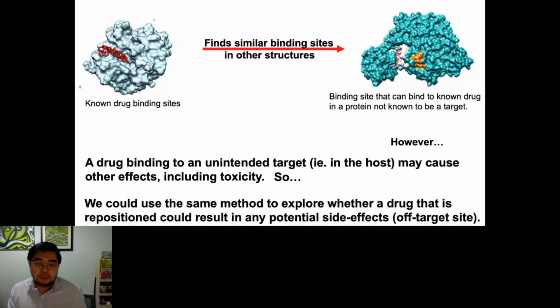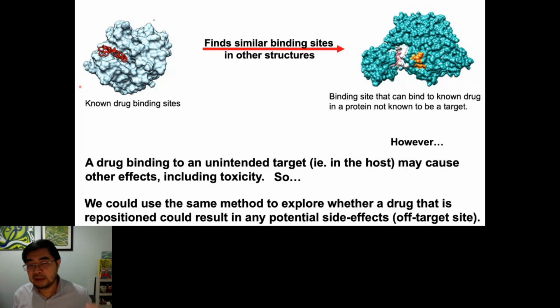So we could use the same method to explore whether a drug that is repositioned could result in any potential side effects. And at the same time, we could also use this method to explore the human proteome.